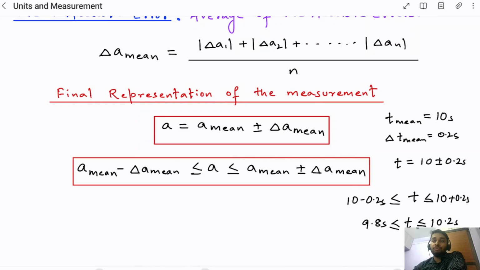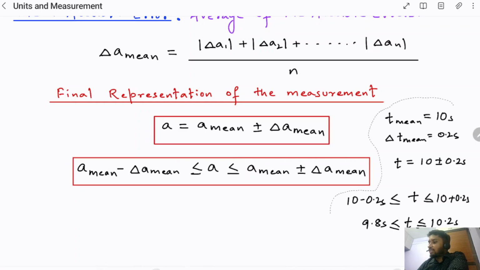For example, if he is trying to design a parachute and he is trying to figure out whether the time will be sufficient for the parachute to get inflated while the person is in the air or not, he can decide based on this value. Meaning the time taken by the parachute to inflate should be less than 9.8 seconds, or even lesser than that. Then only it will be helpful for the person. Okay, so that is just a hypothetical example.